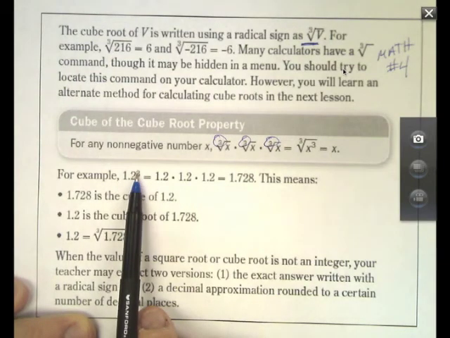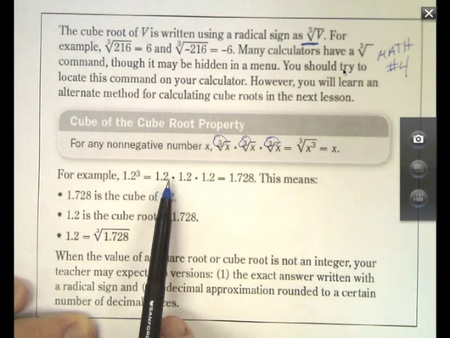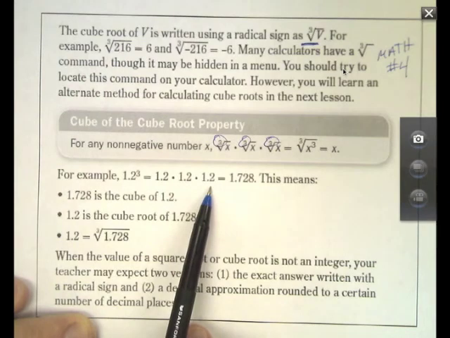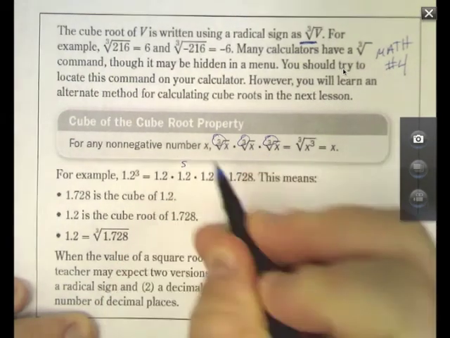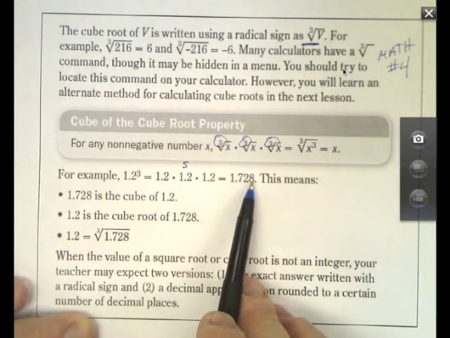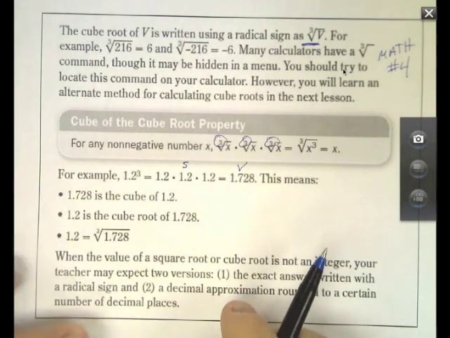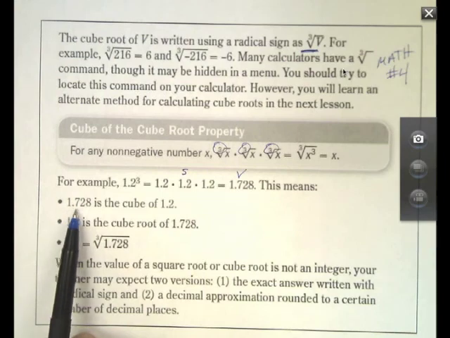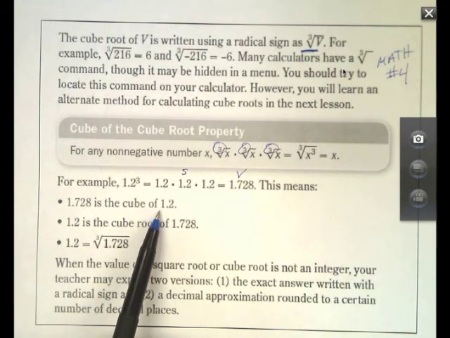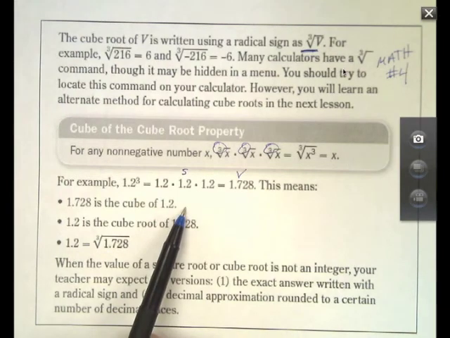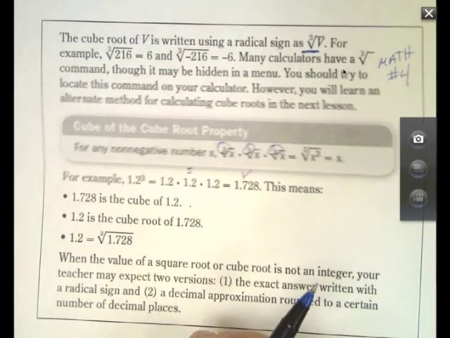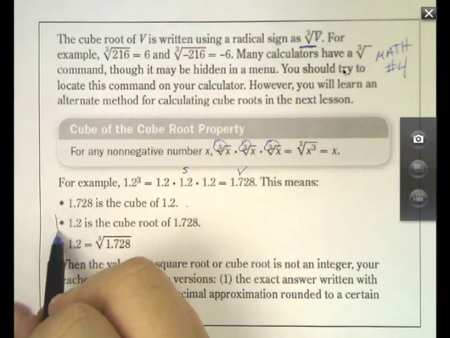Just notice you have these cube root signs here, so you have to have those on there when you're multiplying that by itself 3 times. Okay? So for example, 1.2 cubed: 1.2 times 1.2 times 1.2, these are our sides, gives us 1.728. This would be our volume.